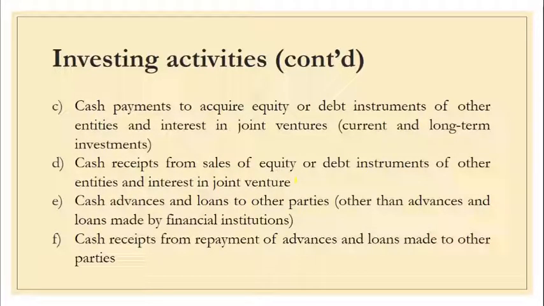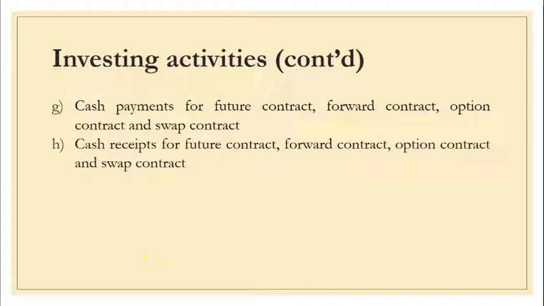We also have cash advances and loans to other parties other than advances and loans made by financial institutions, because again, they have a different classification. Cash receipts from repayment of advances and loans made to other parties. We have cash payments for future contract, forward contract, option contract, and swap contract. Same with cash receipts for the same kinds of contract.